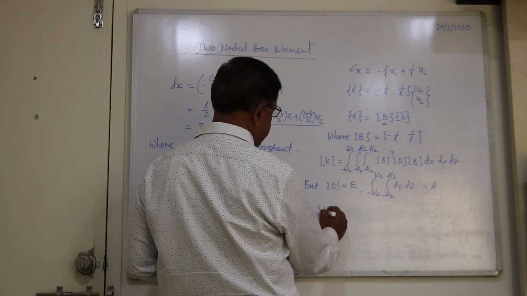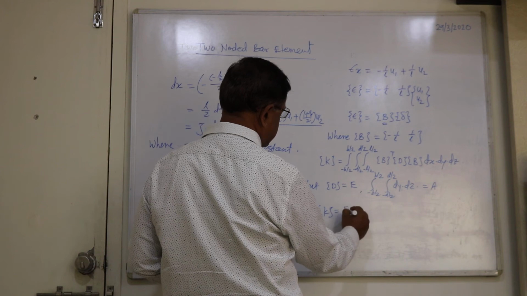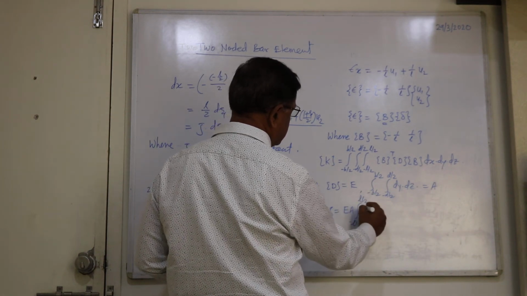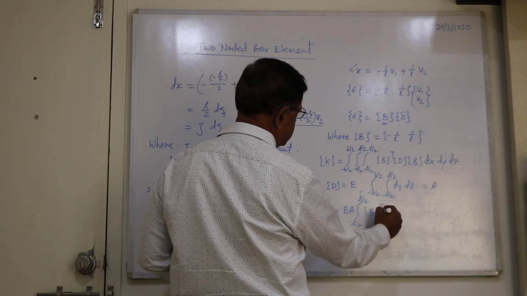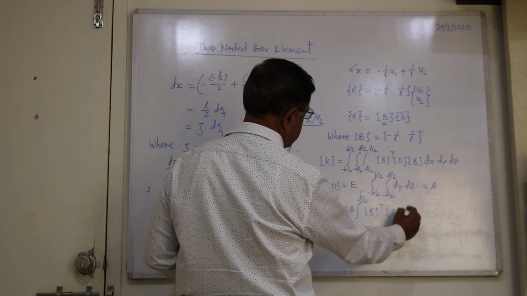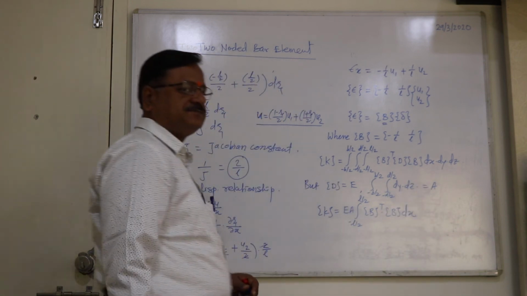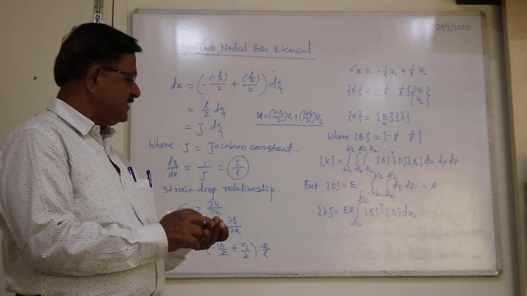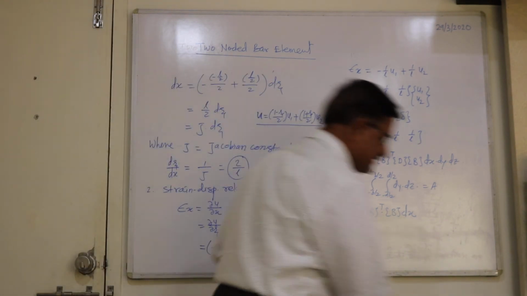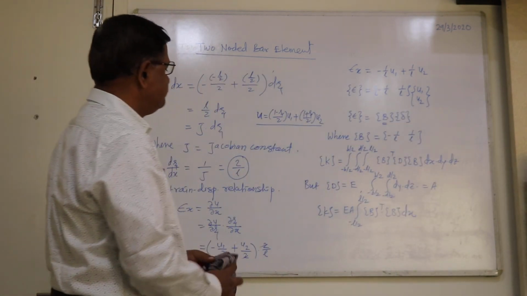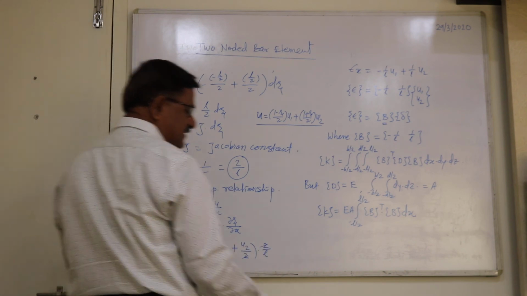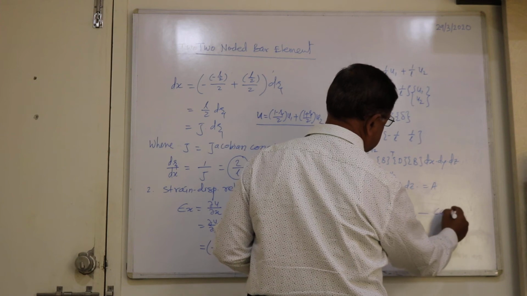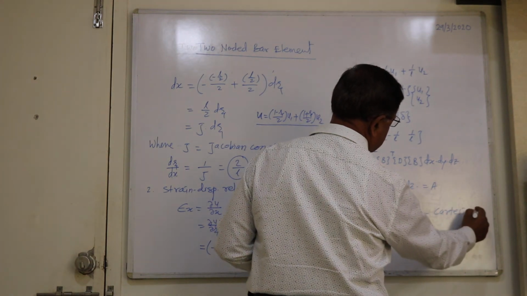So now K becomes EA, which we can take outside, integration from minus L by 2 to L by 2 of B transpose into B into dx. Now this is the expression for the element stiffness matrix K. This is still in Cartesian coordinates.